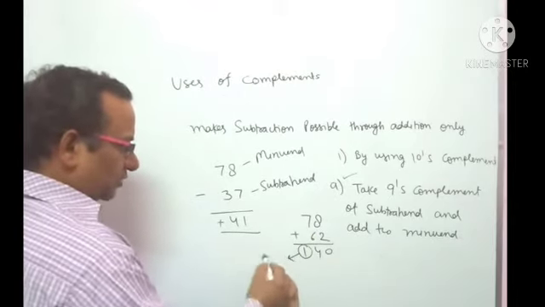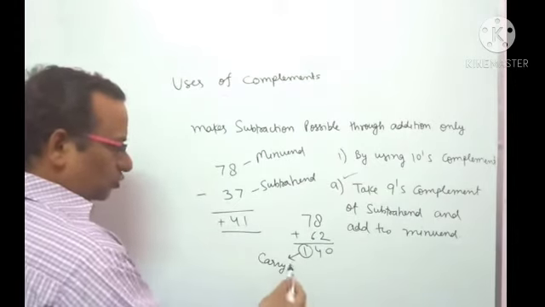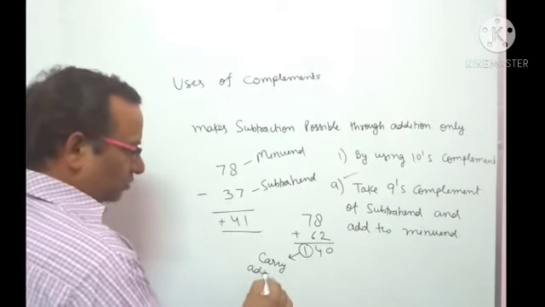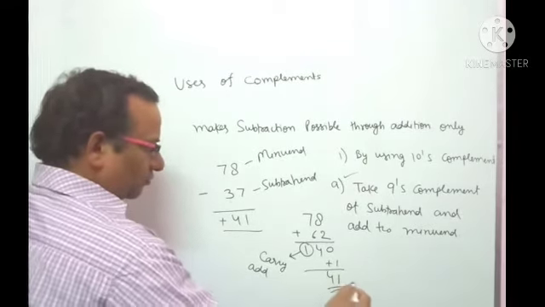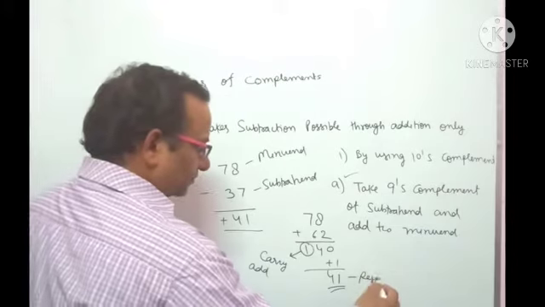So this time carry is generated, and you have to add this carry to the result. So now the result will be 41. So 41 is the answer.